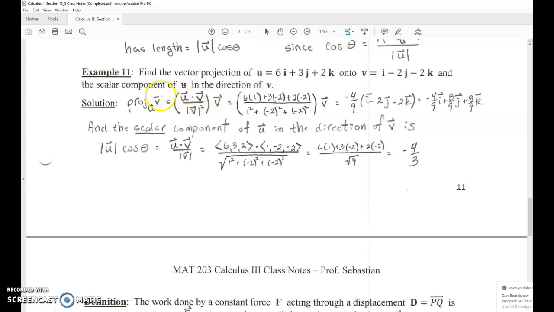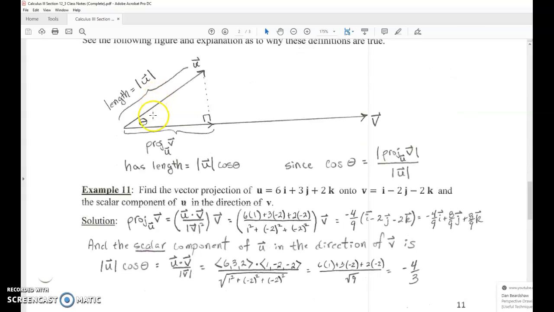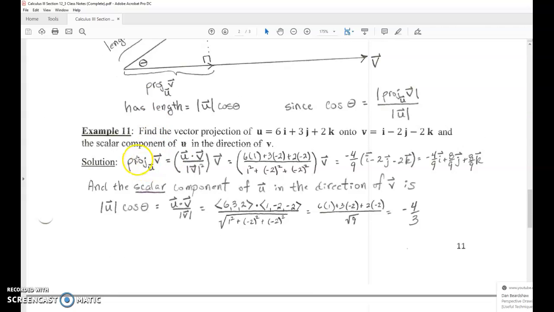Oh, I wrote that backwards. Sorry, guys, this is the projection of u onto v. Please correct that in your notes. Where this v is, it should be a u, onto v. I'll correct that in the notes I post next time, but just remember this should be u onto v.